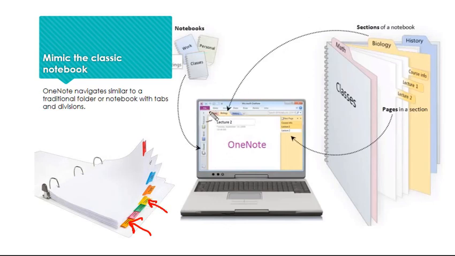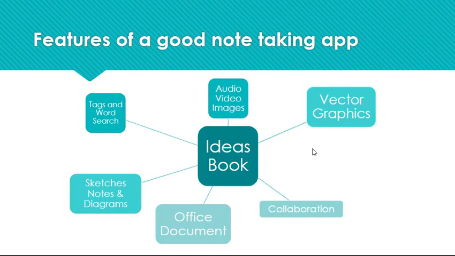So in a nutshell, the interface of OneNote represents a notebook where you have the actual notebook, you have the sections of the notebook, and then you have the individual pages of the notebook, and those are represented on the bars on the interface. And in a nutshell, that is essentially what OneNote is, just mimicking the classic folder notebook that we're used to carrying around.